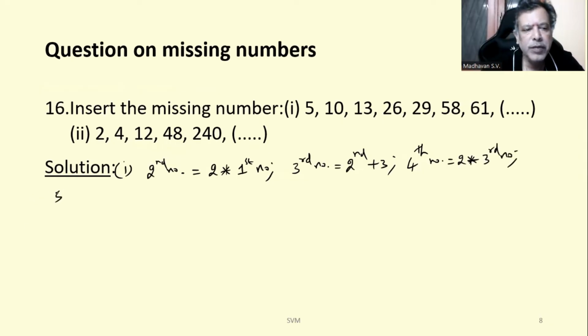Then we may note the fifth number is the fourth number plus 3. Then the sixth number is 2 times the fifth number.